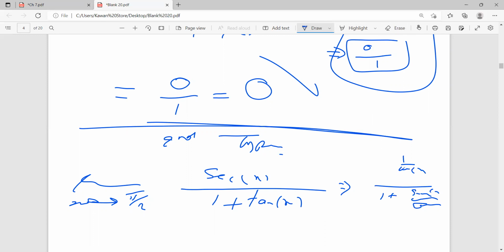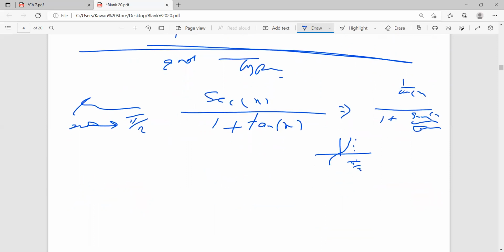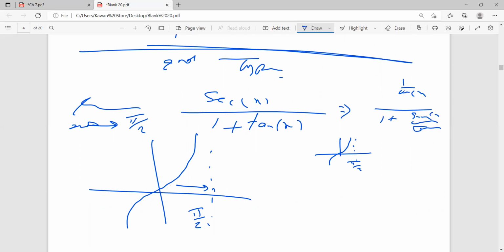For example, I sketch tan like that. Here's the asymptote, here is pi over 2. I'm writing it small because we mentioned that one a lot. I'm going to pi over 2 from the right or left side.